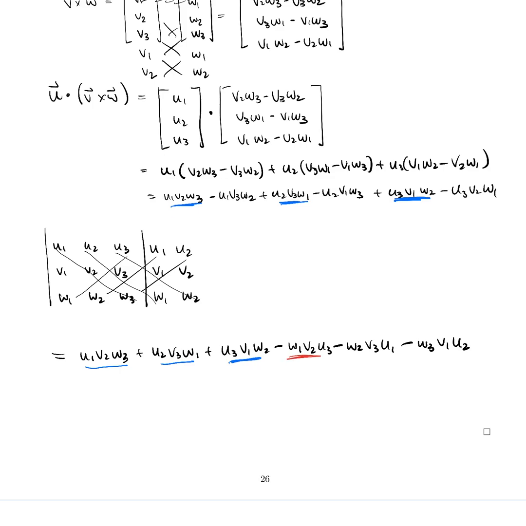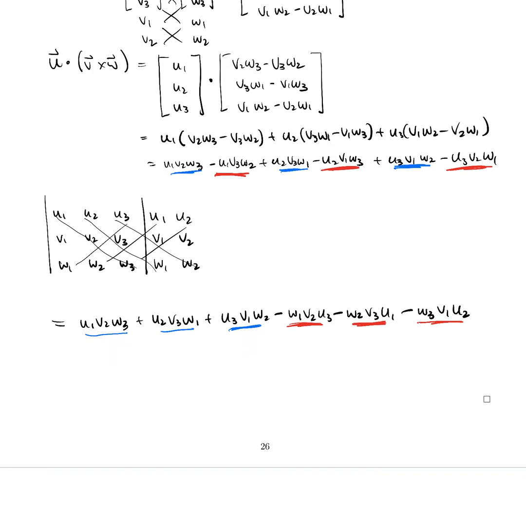So we have minus w1 v2 u3, which is this one, and then w2 v3 u1, which is this one, and lastly w3 v1 u2 is that one. And so those two expansions do match up, and so we indeed have that the triple scalar product of these vectors is equal to the determinant of the matrix where the vector components are put in as the rows.